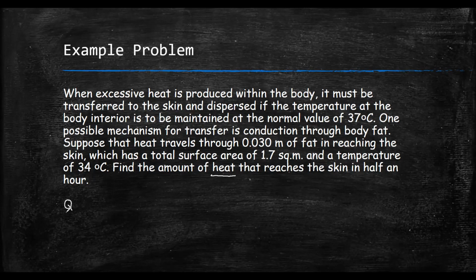So if we multiply the time and the heat current, we will get the quantity of heat. And using our formula, the heat current H is equal to K times A times (TH minus TC) over L.